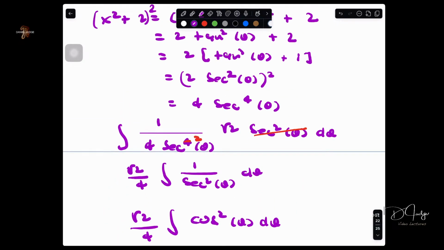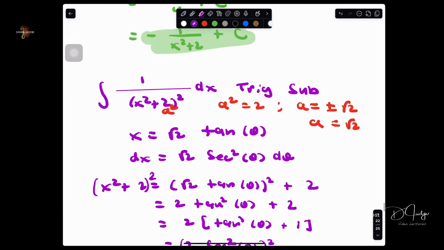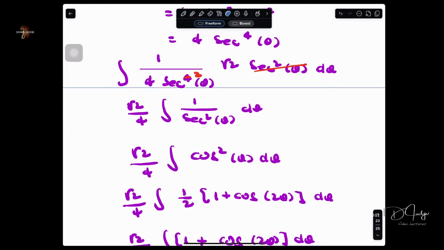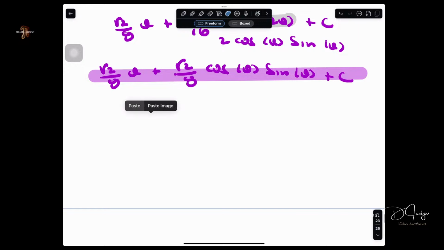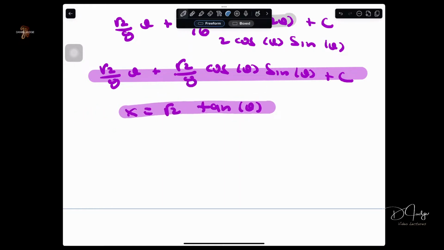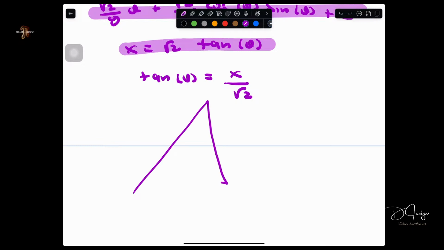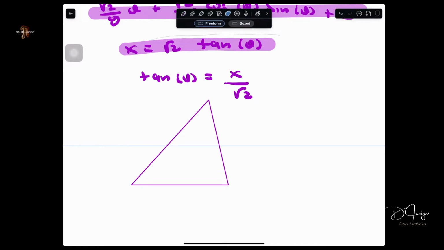Okay, this is trig sub. So remember what we did with trig sub here. Let's recall that x is the square root of 2 tangent theta. And what that means is tangent theta will be x over the square root of 2. Let's move this all down.